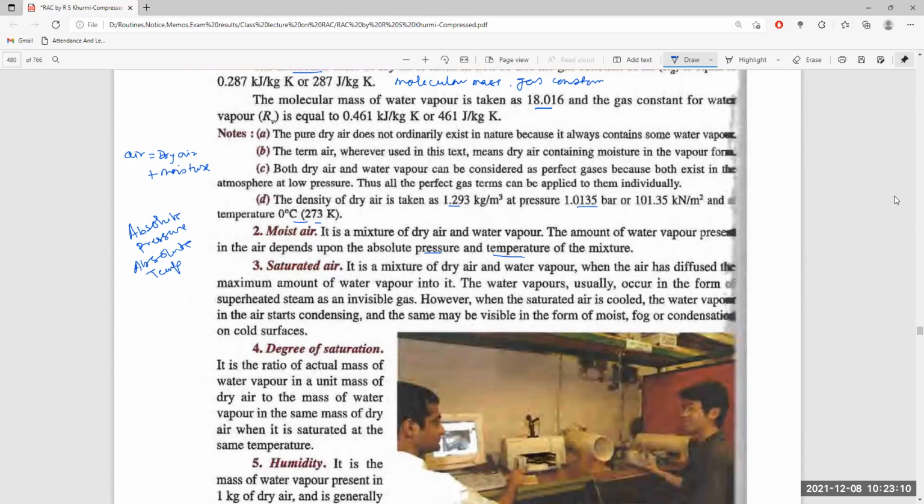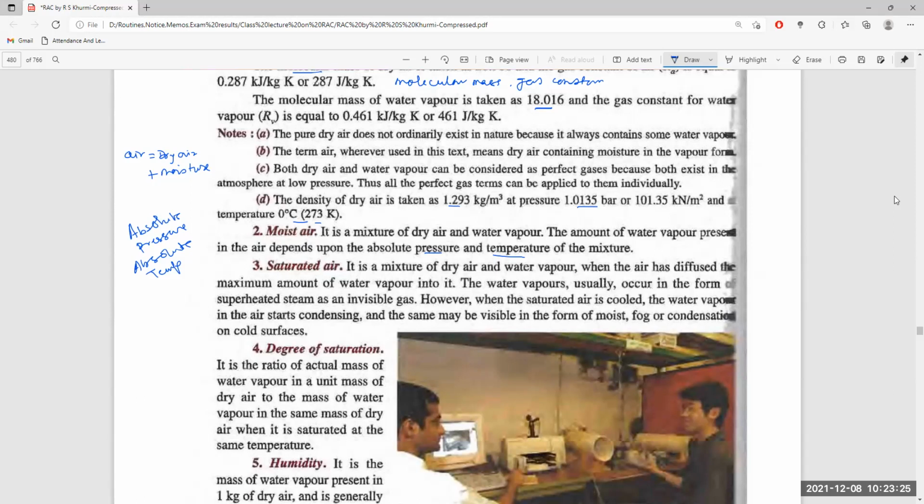What is saturated air? A mixture of dry air and water vapor. Saturated means it is absorbing the maximum amount of water it can absorb.